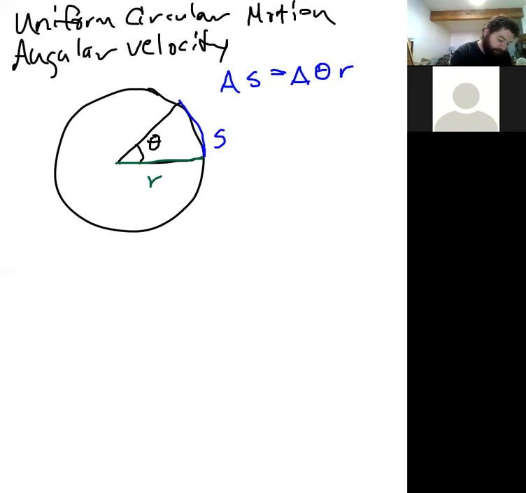So we're just going to define something called omega, the W-looking Greek symbol. And that's going to be the change in theta over the change in time. This is basically the angular equivalent to the velocity.